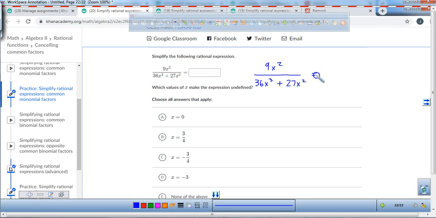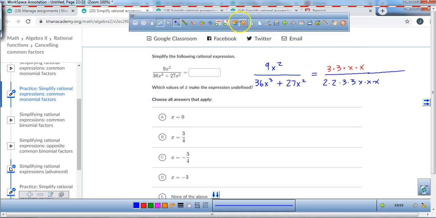All right, so here we go. I'm going to break down the numerator into its prime factors. 9 can be broken down into 3 times 3. x squared can be broken down into x times x. 36 can be broken down into 2 times 2 times 3 times 3. x cubed is broken down into an x times an x times an x.